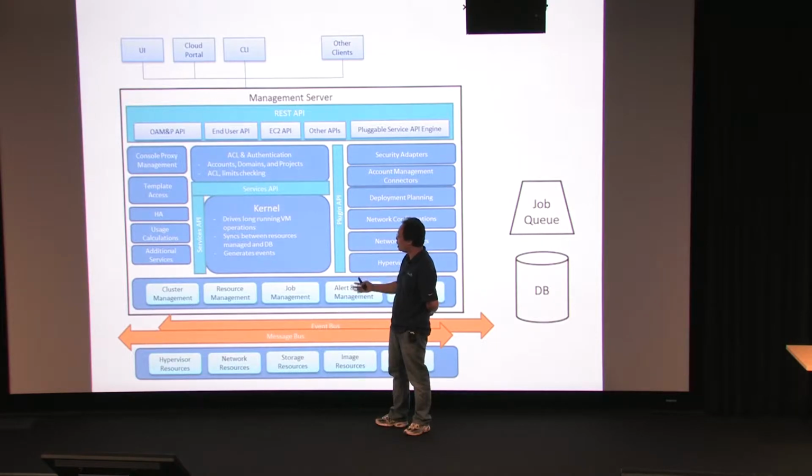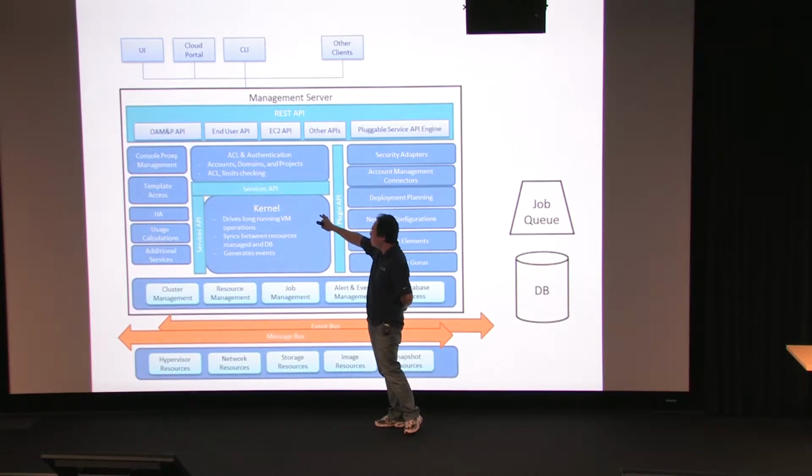There are a lot of problems on whether or not the operation would time out, whether or not the operation succeeded, exactly how do you even get that operation to work on that particular resource, and things like that. So in our kernel, it's all about how to orchestrate the VM operations, how to orchestrate volume movement, and things like that.